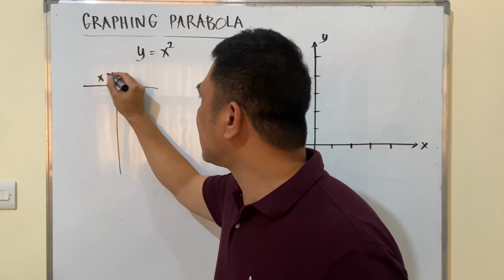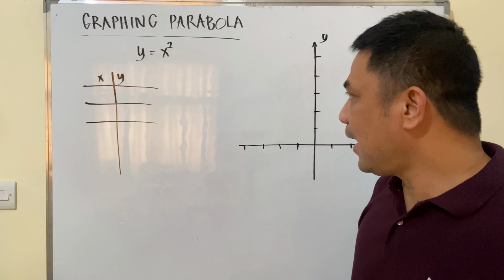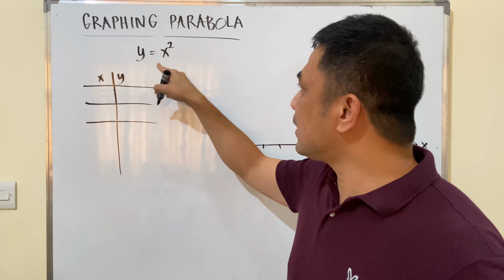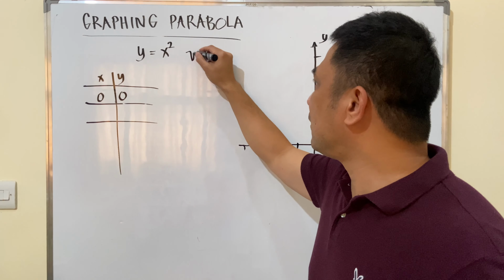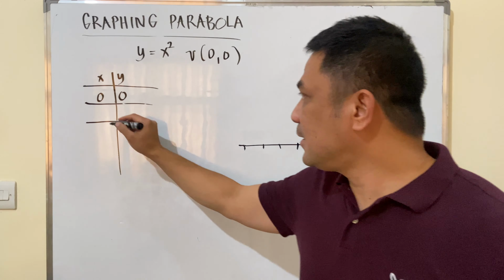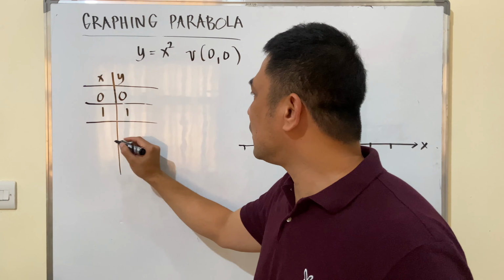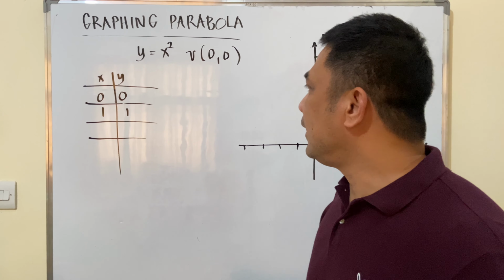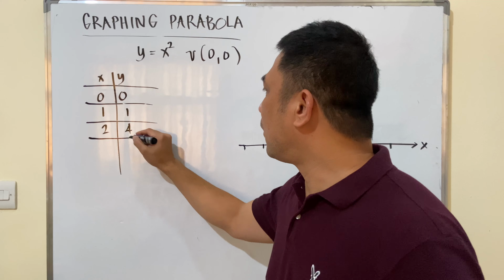So you have your x, then you have your y here. If x is 0, that means our y value will be 0 also. Therefore, our vertex will be at 0, 0. If x is 1, 1 squared is 1, so y is also equal to 1. And then if x is 2, 2 squared is equal to 4.